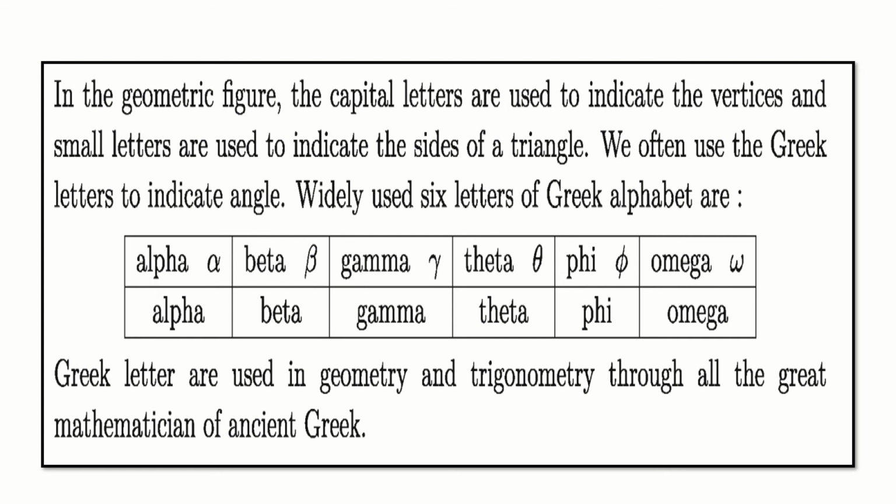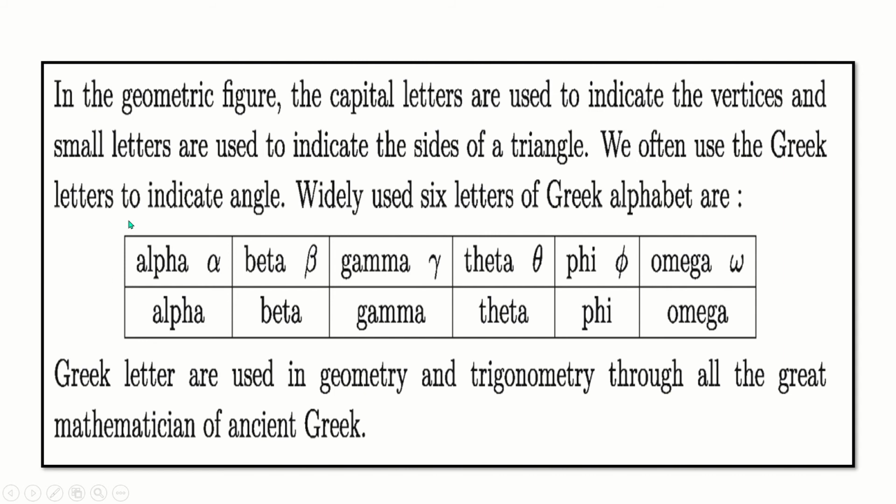OP we can write small n, PN we can write small o, and ON we can write small p. Clear? Vertices are capital letters, and small letters are used to indicate the sides of a triangle.